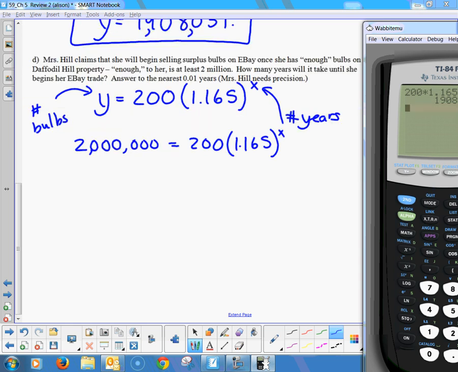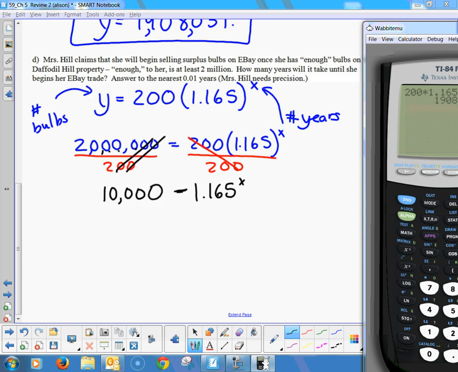And solve this thing. First thing to do is to divide by 200. Okay, be gone, little 200. Whack. And so I get 1.165 to the x equals 20,000 divided by 2, so 10,000.